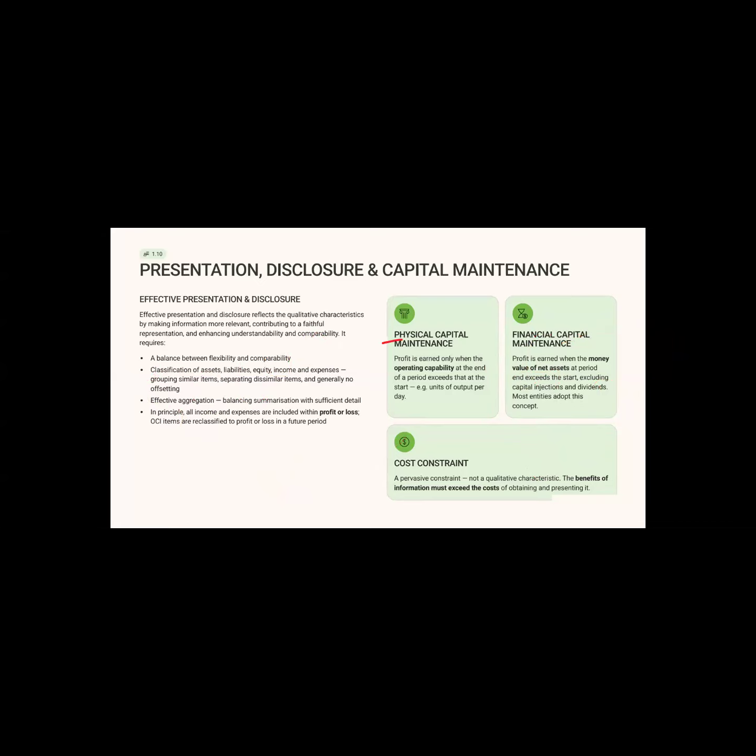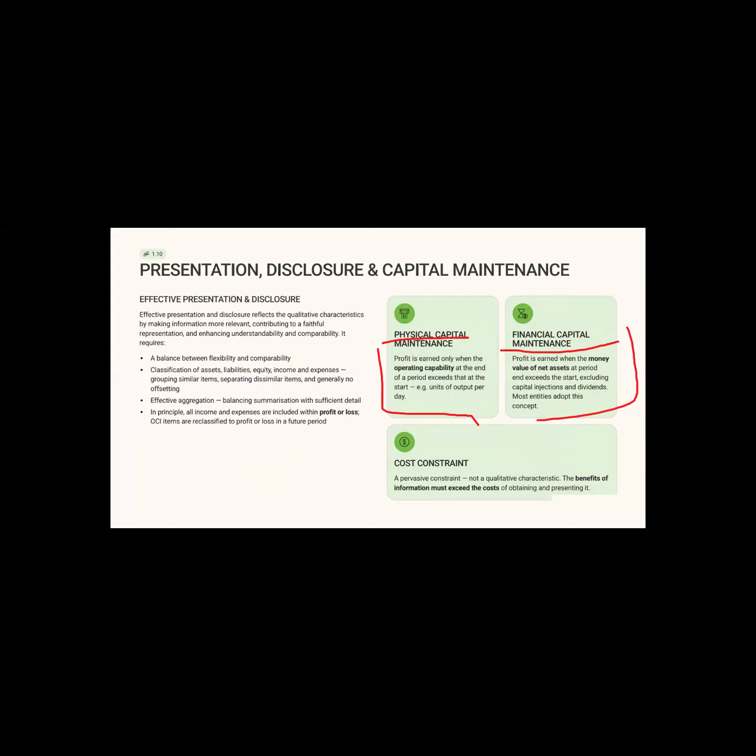So here physical capital maintenance means they are talking about the operational capability. Financial capital maintenance means they are talking about the net assets. Okay, and the next one is cost constraint. Cost constraint means what?